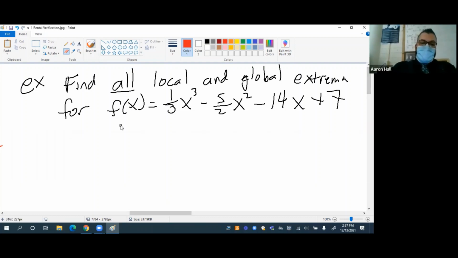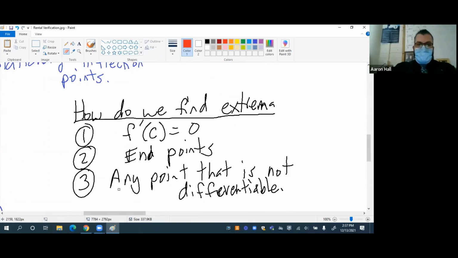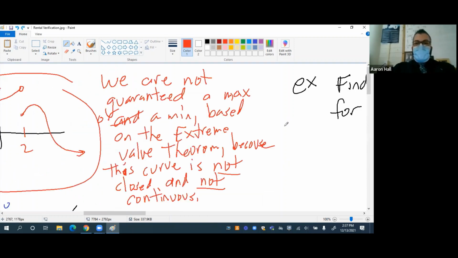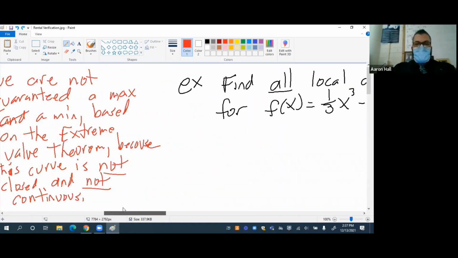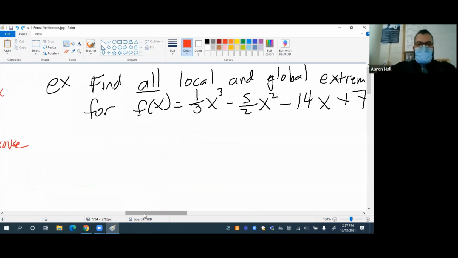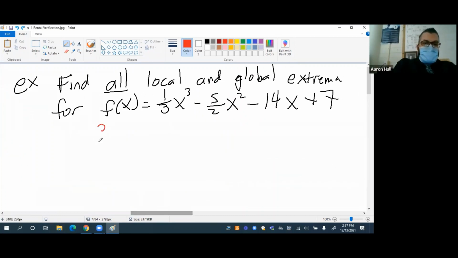That's one of our suggested ideas, right? Down here, what we talked about previously is to find these maximums and mins, we just find the derivative and set it to 0. So let's go ahead and do that. Emma, can you help me with this? So the derivative of f of x is what?